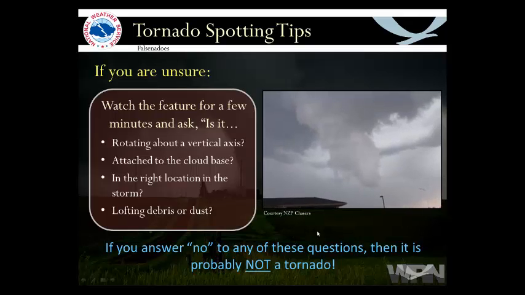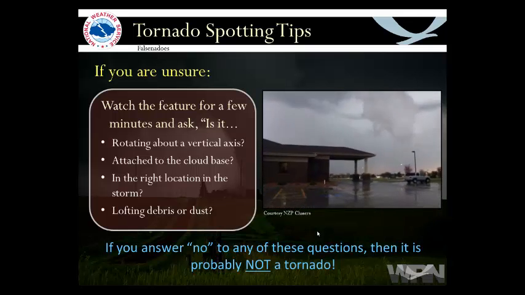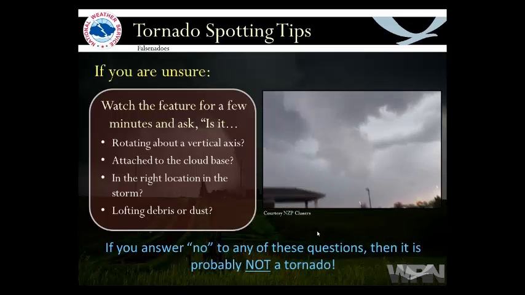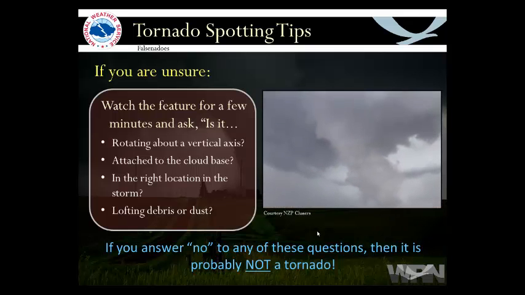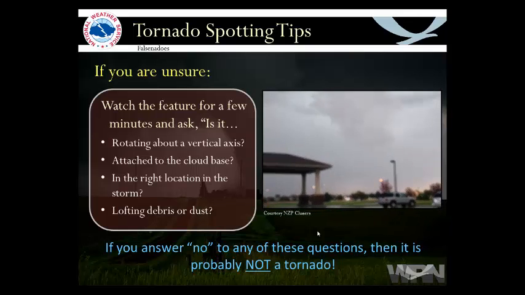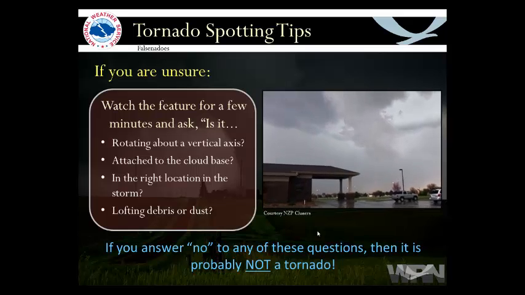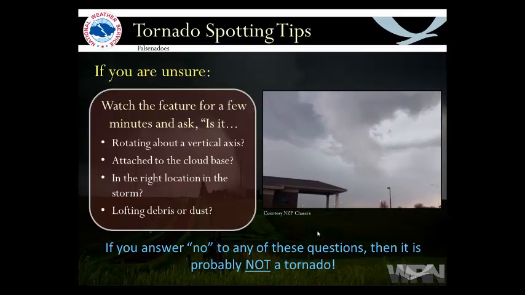We'll go through this example here. This is an example where we could get a lot of reports at the Weather Service of a tornado, but you're going to look for a lot of things here. You're going to say, is it rotating on a vertical axis? It looks vertical, but there's no sign of rotation here. There's cloud elements just drifting along. They're very fragmented, not laminar. There's no rotation in the cloud base or on the ground. We don't see any dust and debris on the ground.